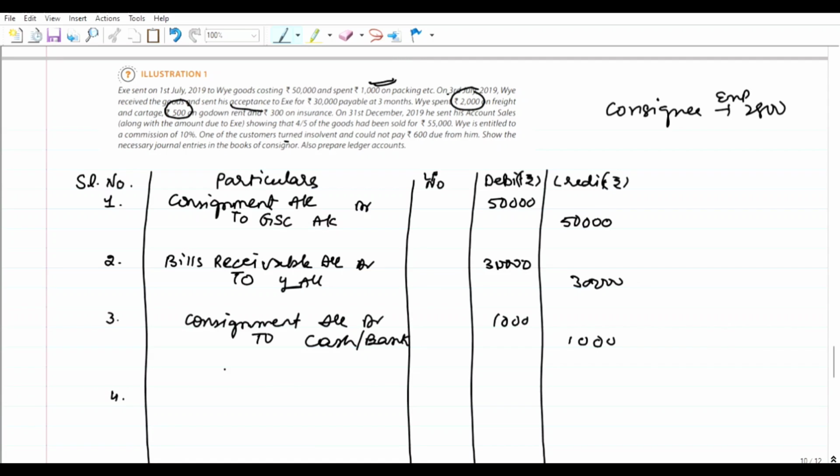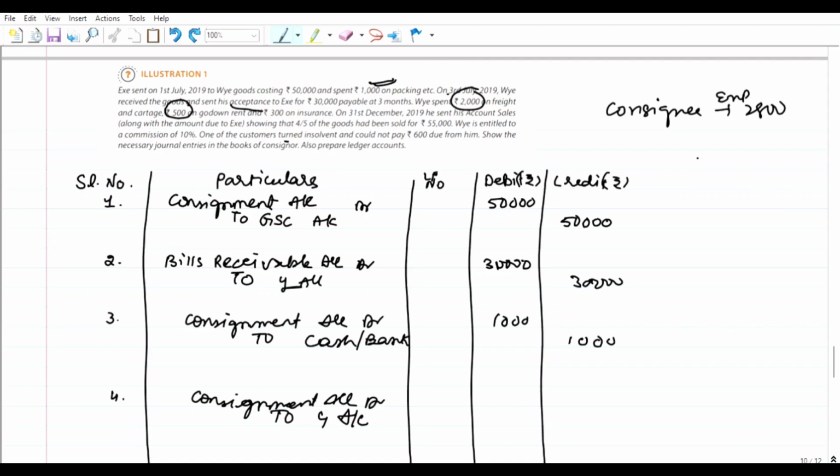And next, the fourth entry is for expenses incurred by consignee, for which we have the entry consignment account debit to consignee account. How much?